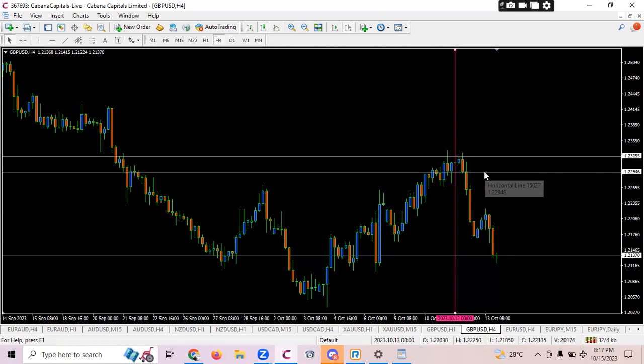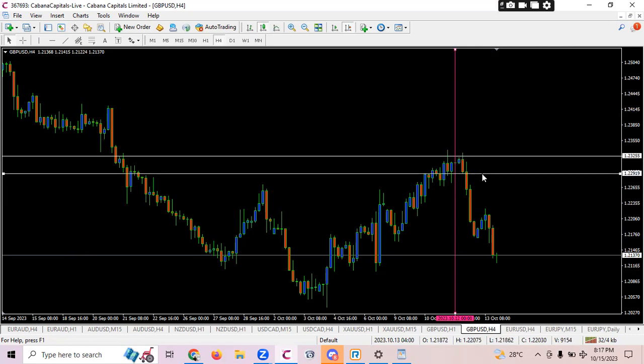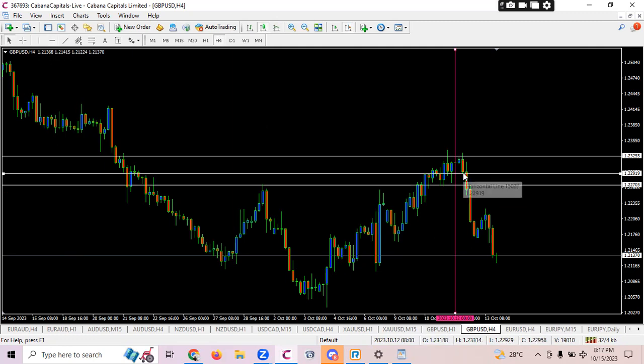So here we have, this is a fair value gap. The gap in between the low of this candle and the high of this third candle. This is what we call a fair value gap.